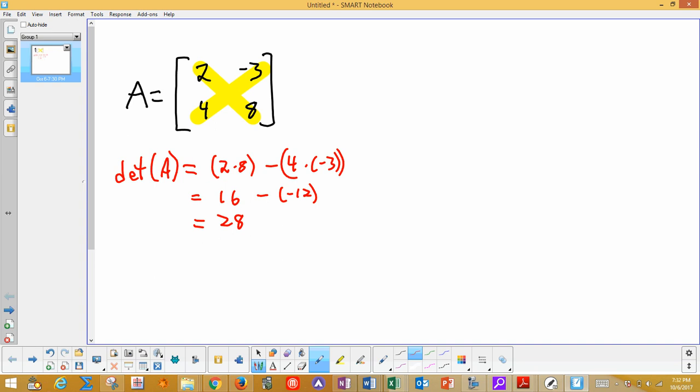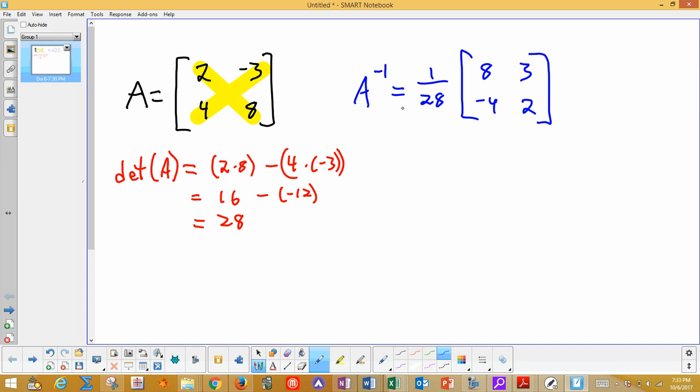And then to find the inverse, A inverse, we do 2 things. First, we multiply by 1 over the determinant, times, we switch these two, so it's 8 and 2, and we change the sign of these two, so it's 3 and negative 4.